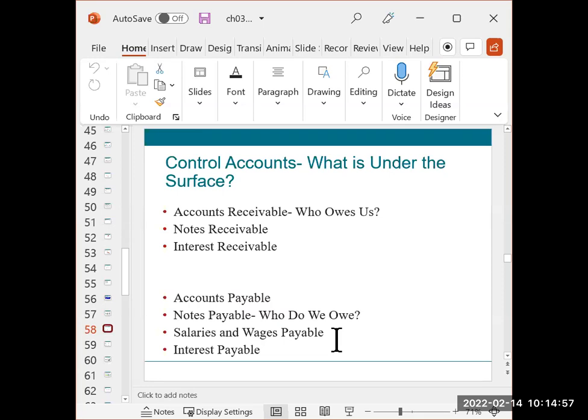I'm not just giving one paycheck to one person. I have to pay all the different people I owe salaries and wages to. Interest payable. So that's just so you know what's under the surface, okay?